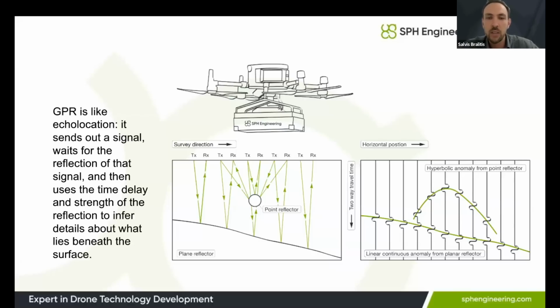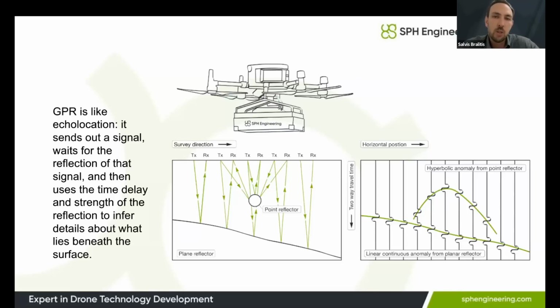Say you have a layer of clay, a layer of gravel, so those will have different dielectric properties, and that layer between the intersection will act as a reflector. And on the right-hand side, you would see a typical radargram, what you expect from the data that the drone collects using the ground-penetrating radar.